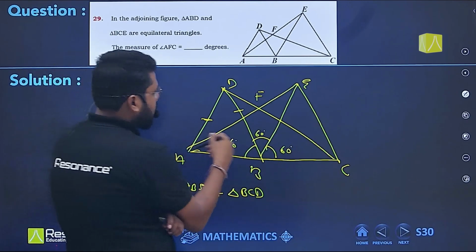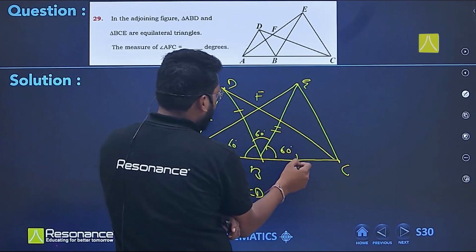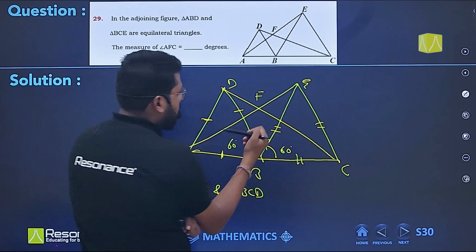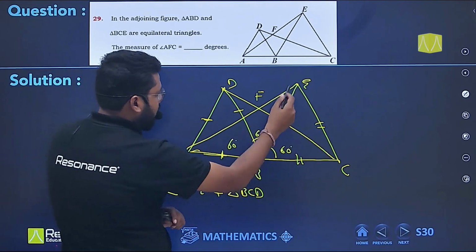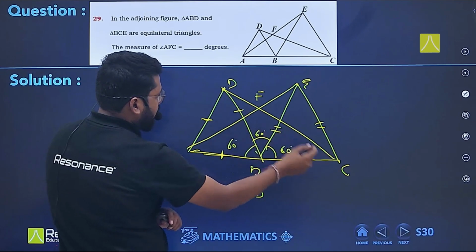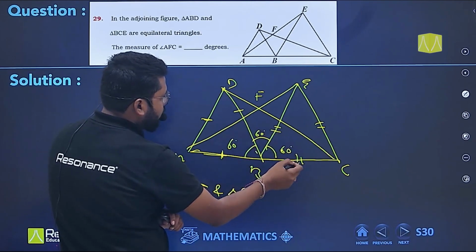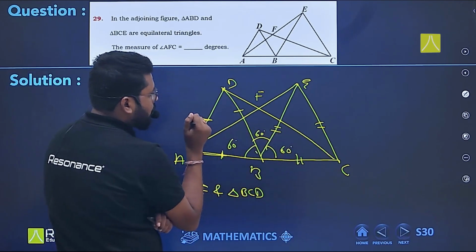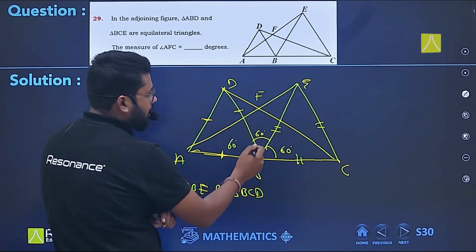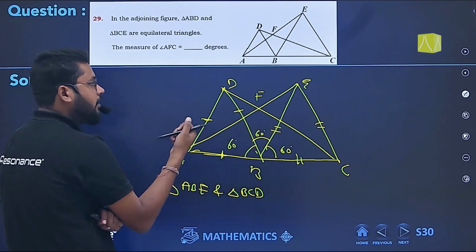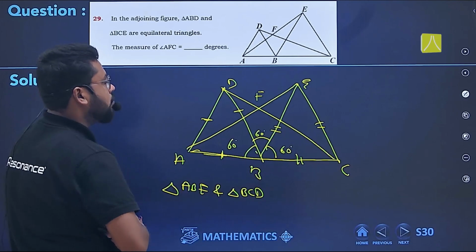For BCE, this is equal to this one and this one. So in triangles ABE and CBD, this side will come equal to this side, and this will come equal to this side, and this is a common angle of 120 degrees. So by SAS these two triangles are congruent.